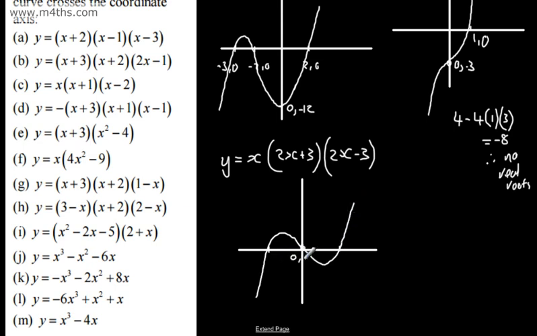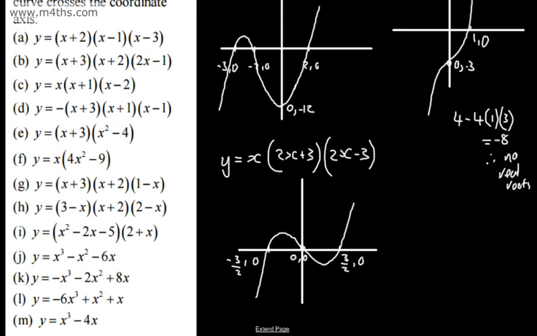So 0, 0, and negative 3 over 2, 0, and positive, sorry, positive 3 over 2, my apologies, let me do my maths right. Positive 3 over 2 and negative 3 over 2. Let's just put them on. So that's negative 3 over 2, and this one is positive 3 over 2, 0. There we go, that's what we get.